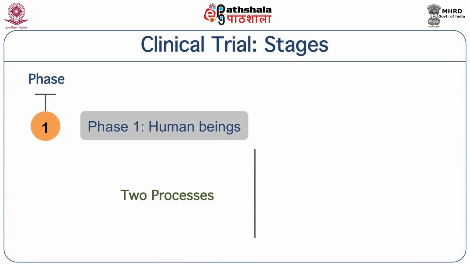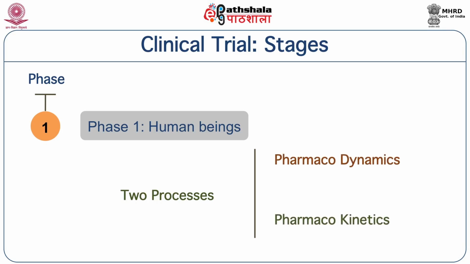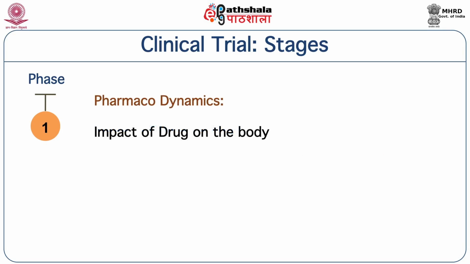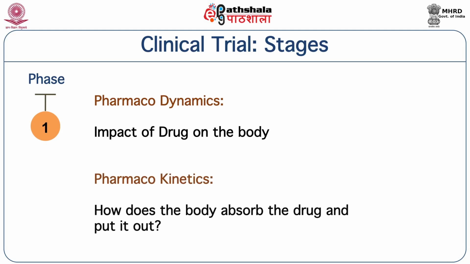There are two processes, called pharmacodynamics and pharmacokinetics. Pharmacodynamics is nothing but the impact of the drug on the body. Pharmacokinetics is how the body is able to absorb the drug and put it out.